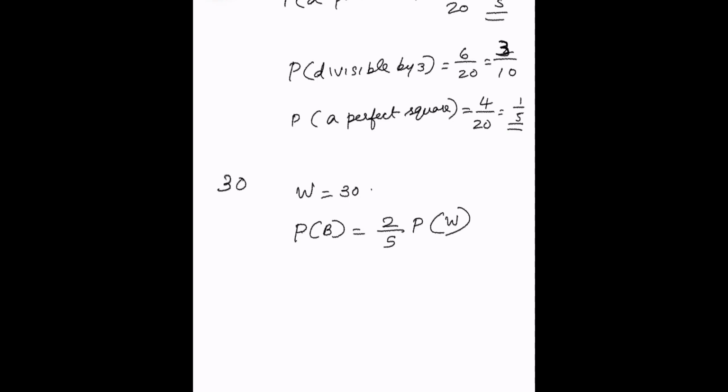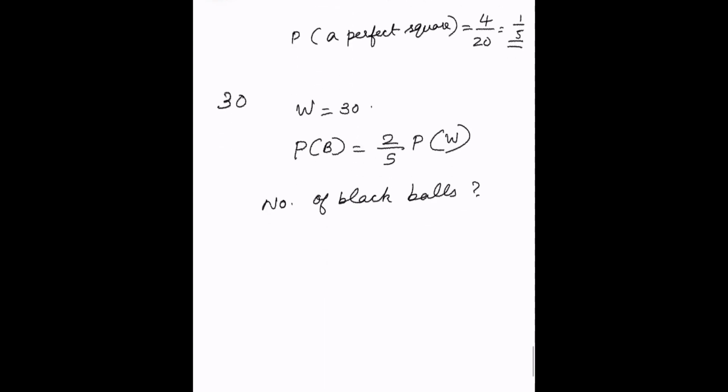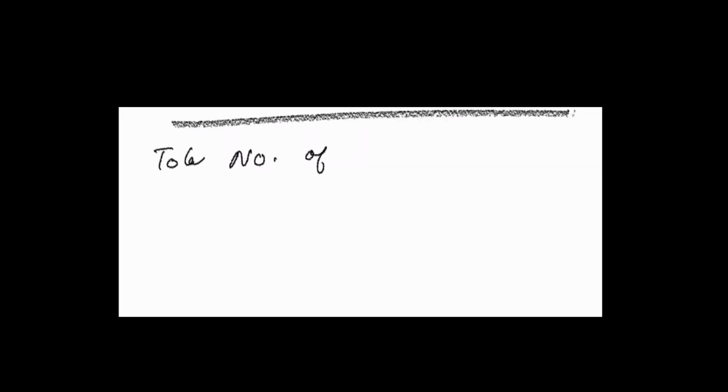Understood? What is it that you need to find? Number of black balls. What is given to you? You are given only the number of white balls, nothing else.